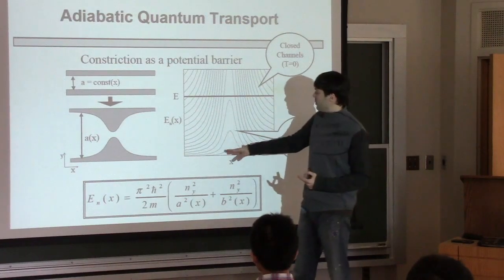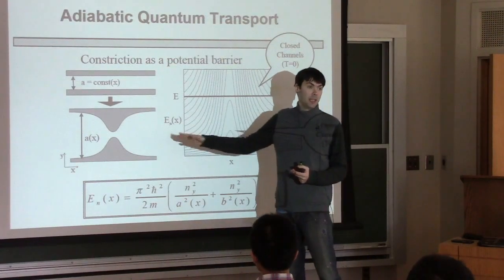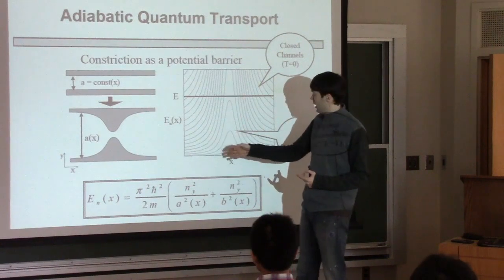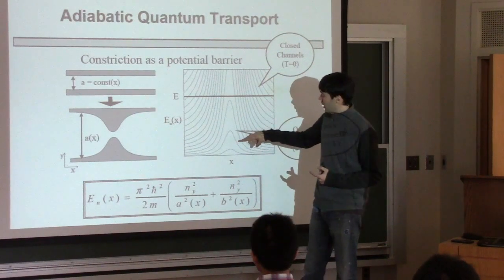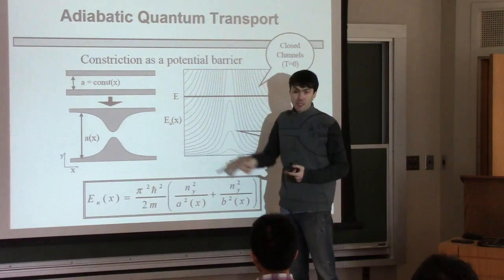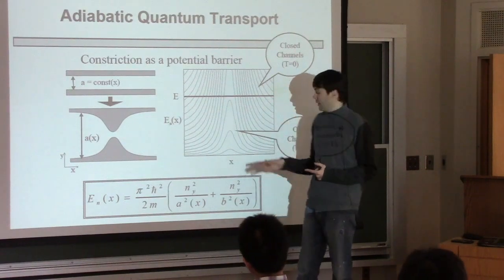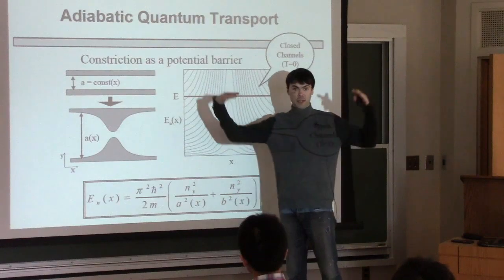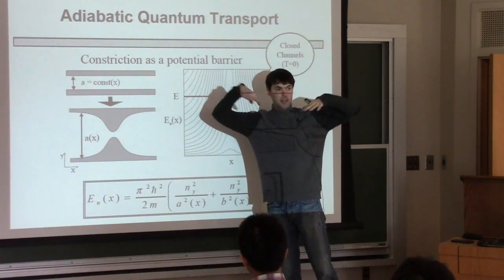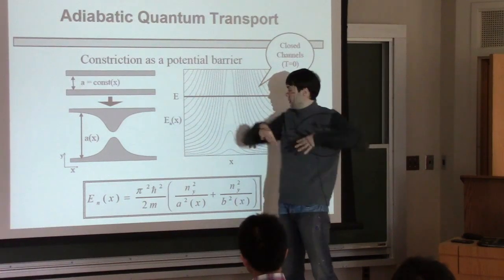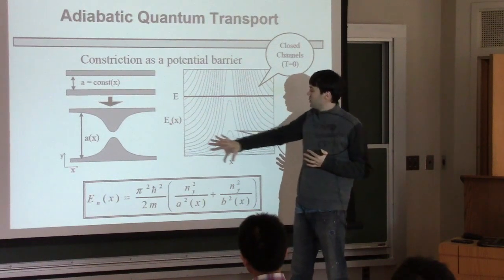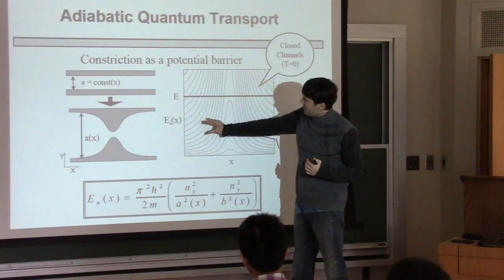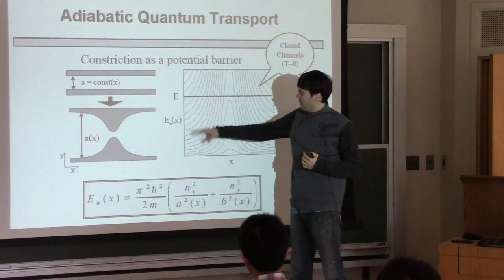And if this happens smoothly, adiabatically, as you enter the constriction, then I can plot the bottoms of the subbands as continuous lines going from the center of the constriction, where confinement is the strongest. Think about the saddle point potential, right? In the center, it's the most strongly confined, and going out, these levels become denser, and the subbands drop.